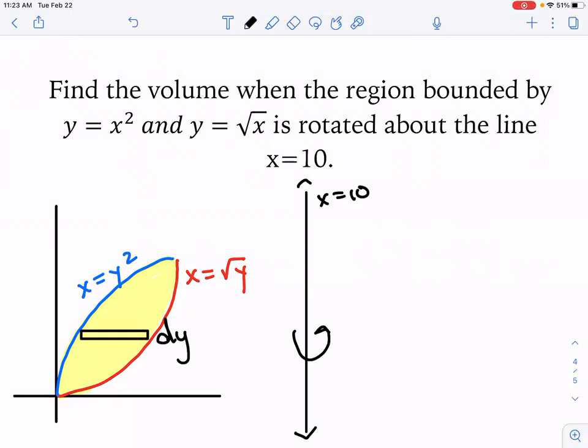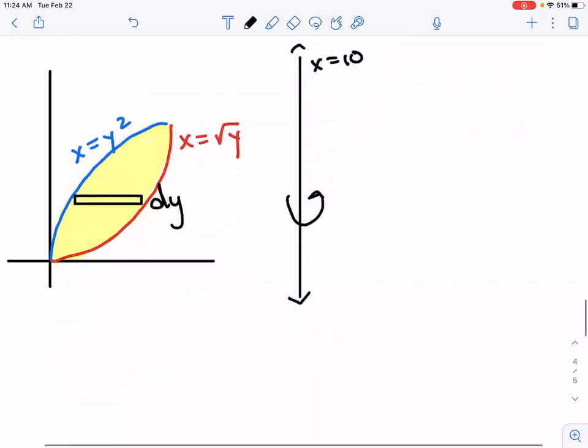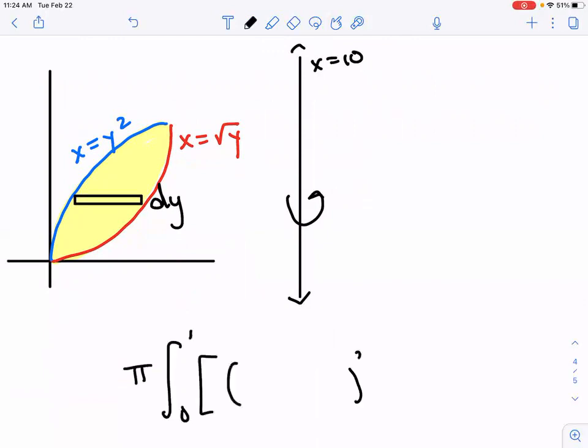My drawing is probably not drawn to scale, but I would like to leave some room.